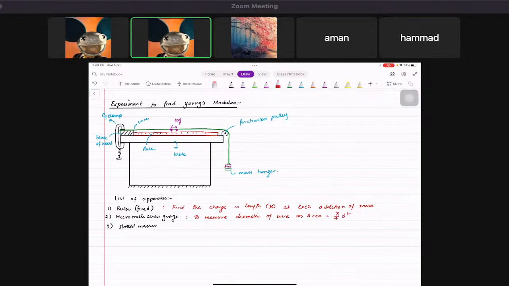That's the formula for the area of a circular cross-sectional wire. And the slotted masses increment the force of tension. So you keep on adding the masses and it increases the amount of tension.